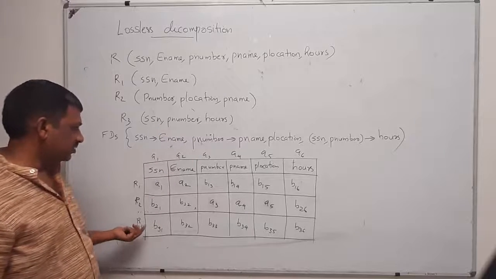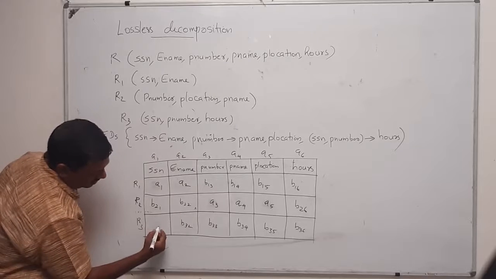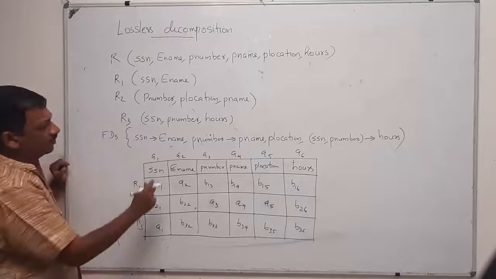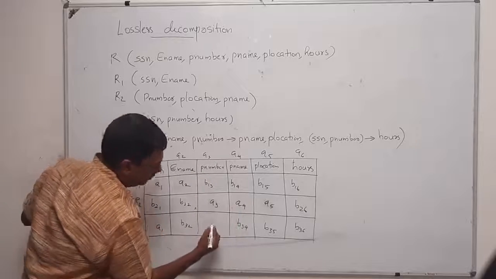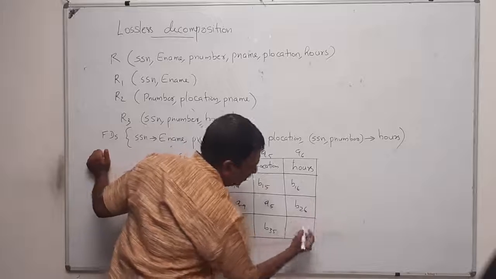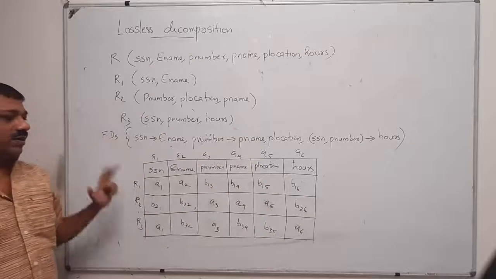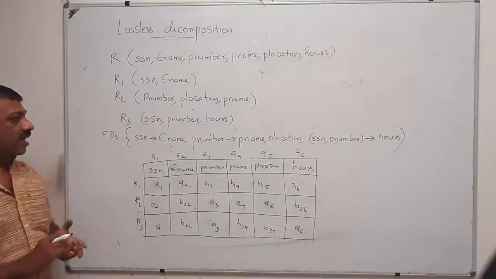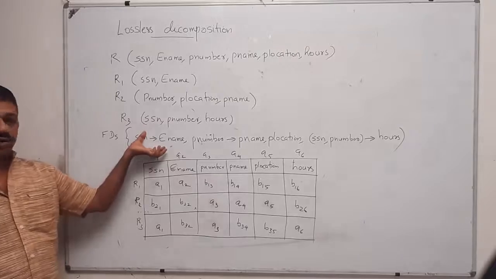SSN is A1. P number we are going to have A3, and hours you have A6. So the initial setup is over.